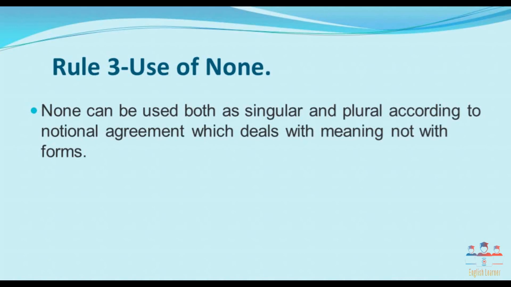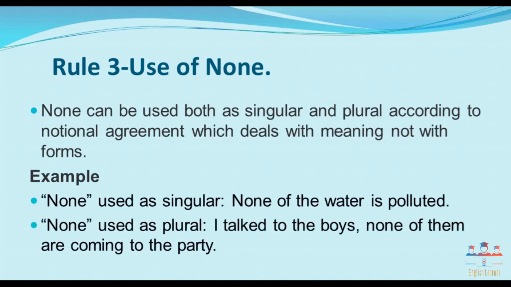It means that whenever we use none as singular, it will take a singular verb, and whenever it is used in a sentence as plural, then we use a plural verb. Let us see the example.